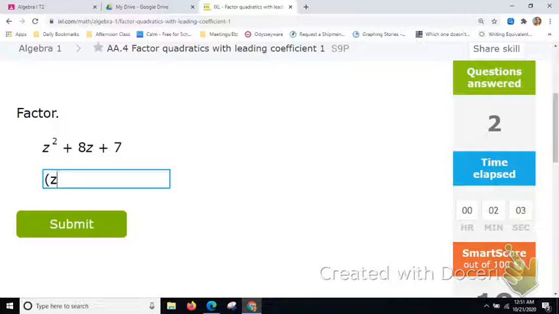So this would be Z plus 7, and then Z plus 1. And be sure that you are closing up those parentheses.